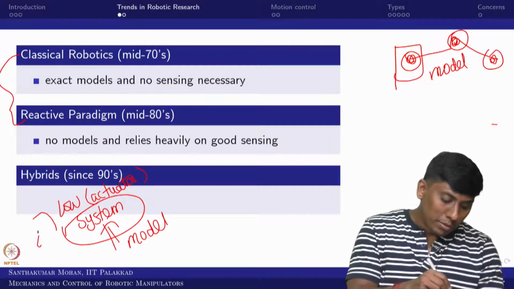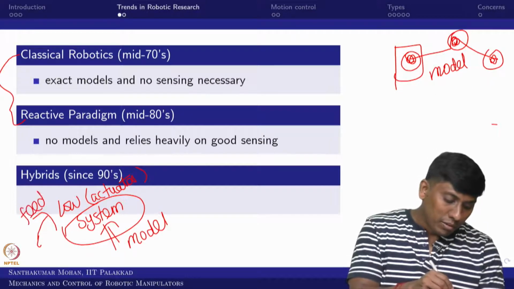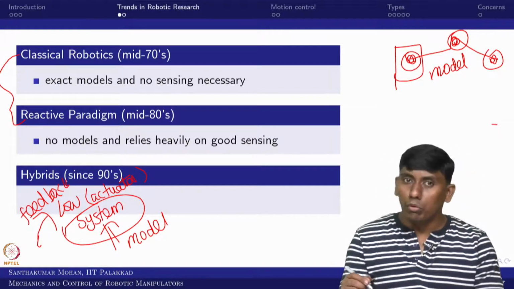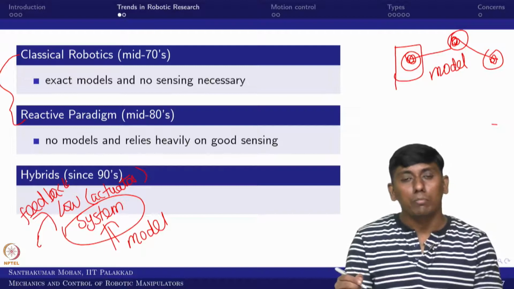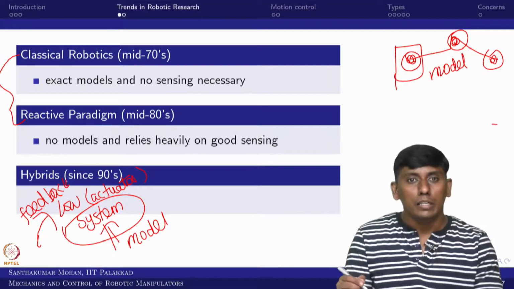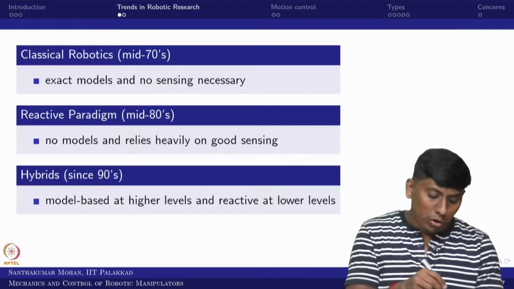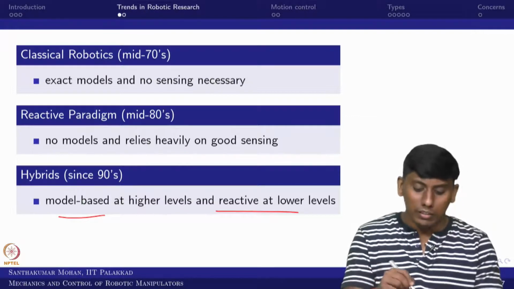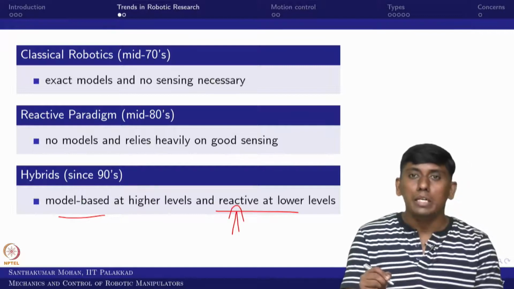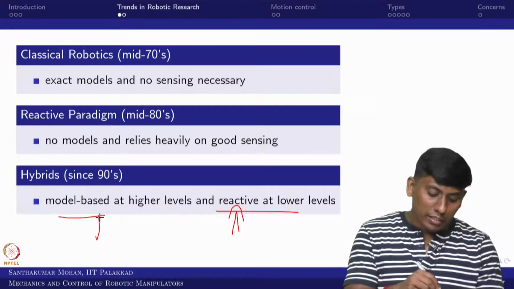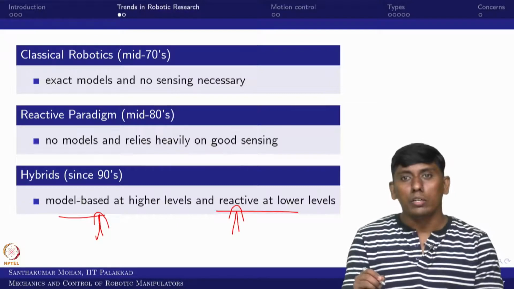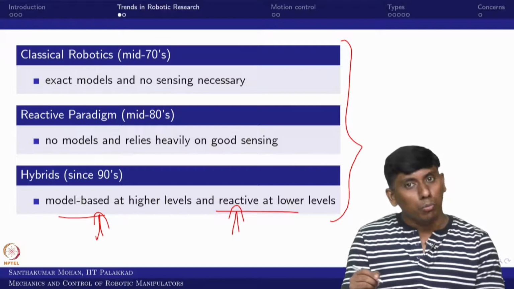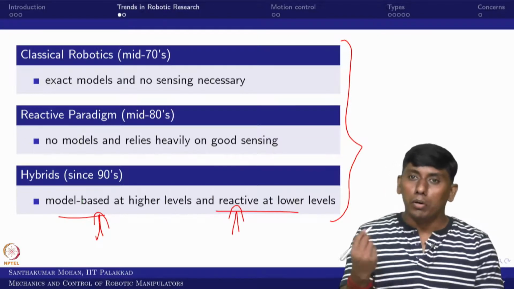This was working very well, and that is what most of the manipulator community is working with even now. In the sense that actuator level is motion based control, and the system level is model based control.